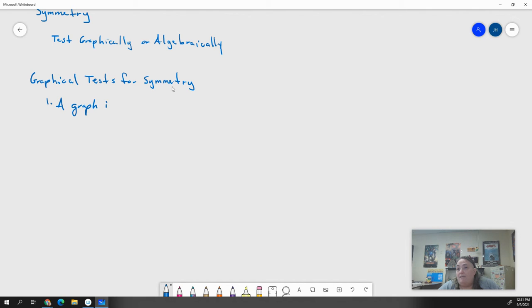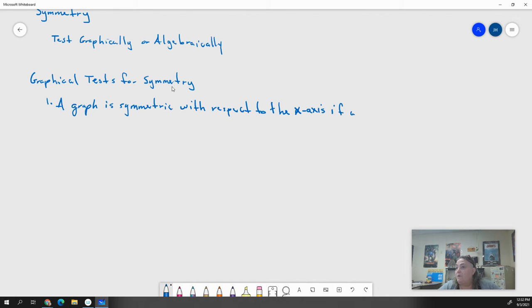A graph is symmetric with respect to what axis are we talking about first? The x-axis. I can't spell today. I can't write today.